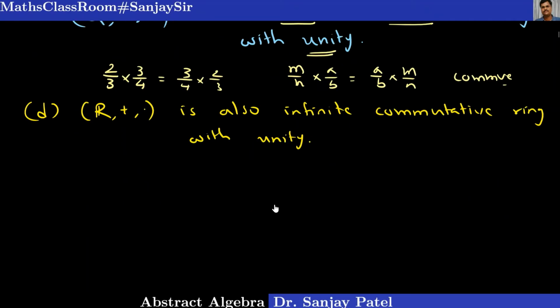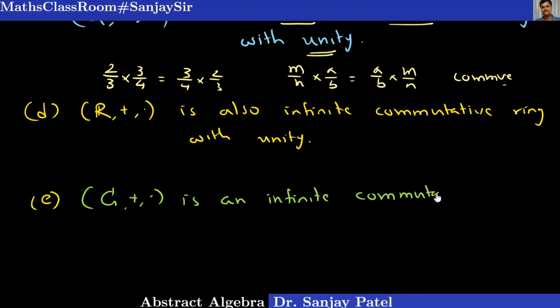You give all the details yourself, that C, plus, dot is also an infinite commutative ring with unity element.